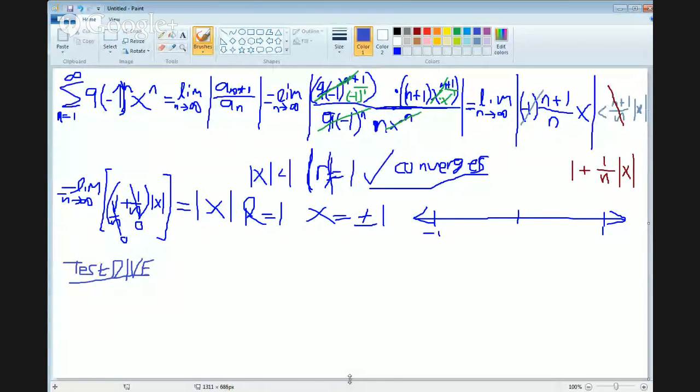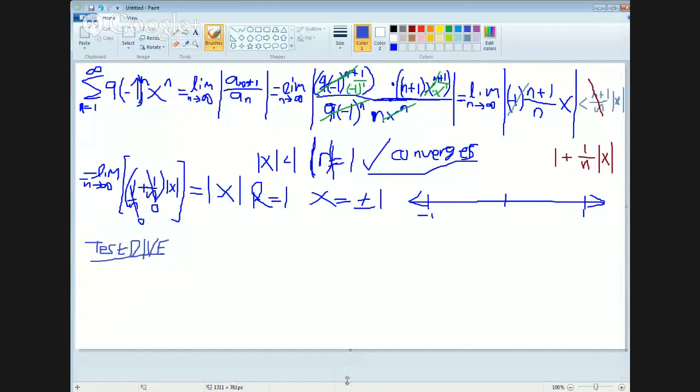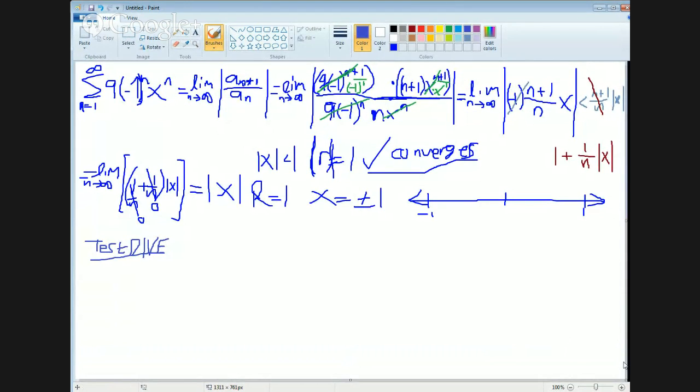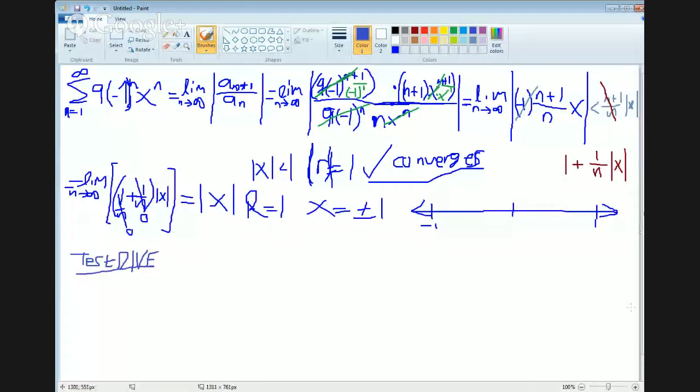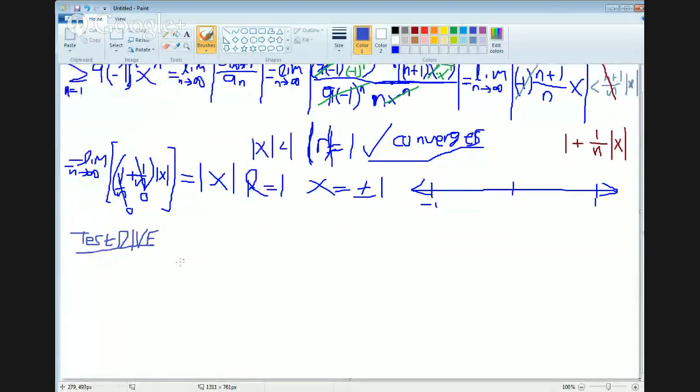Now then, we'll put the limit in again, as n approaches infinity, plus or minus 1 to the power of n times n, which equals infinity.